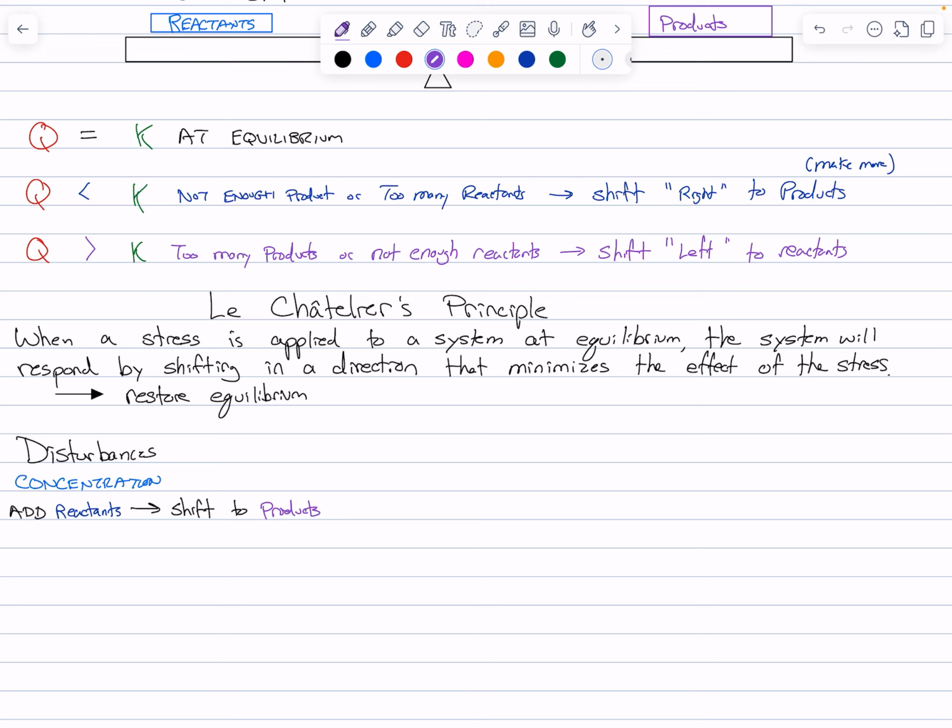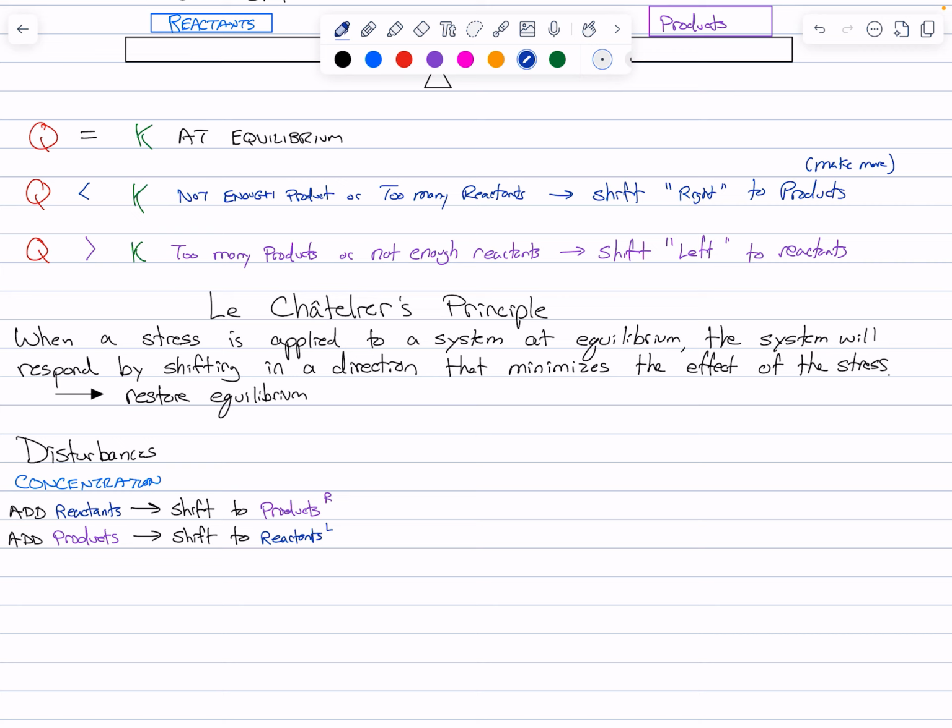If you add products, we would shift to reactants. So products would be to the right, reactants would be to the left.